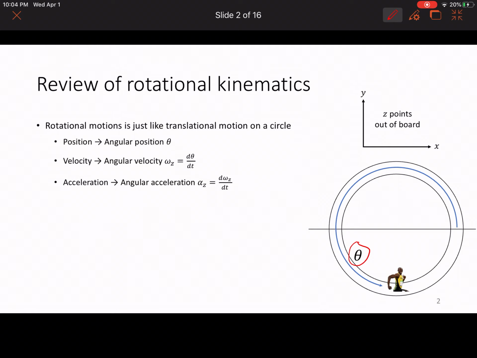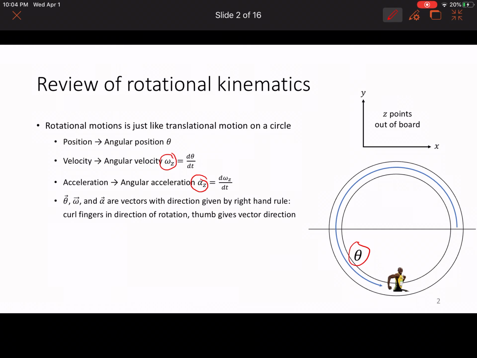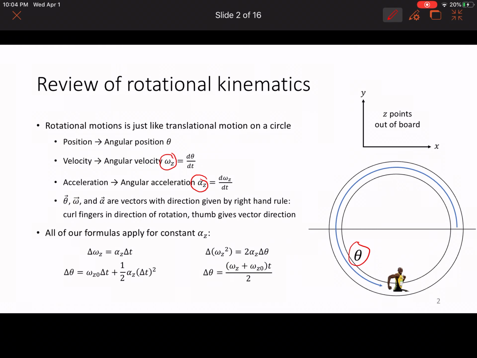I take one derivative of that and get angular velocity, denoted omega z. Take another derivative and I get angular acceleration, denoted alpha. And the important thing to remember is that these act pretty much identically to traditional one-dimensional kinematics.